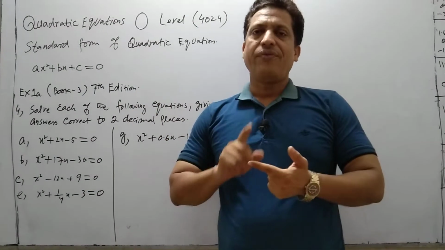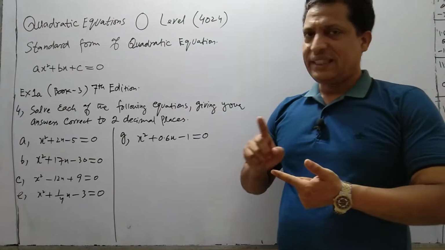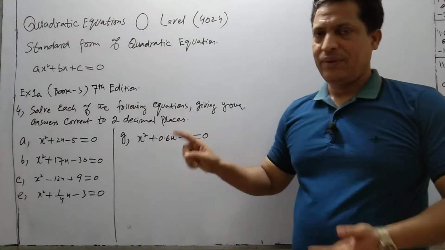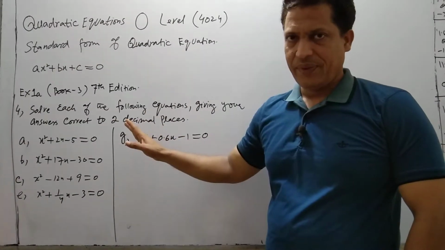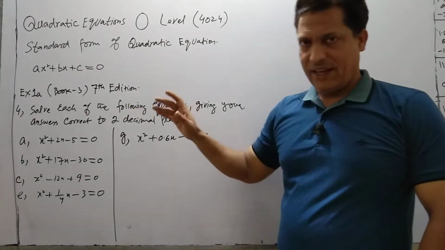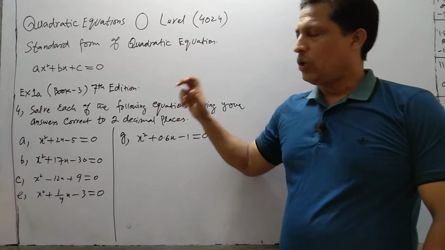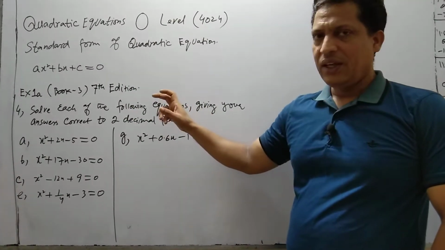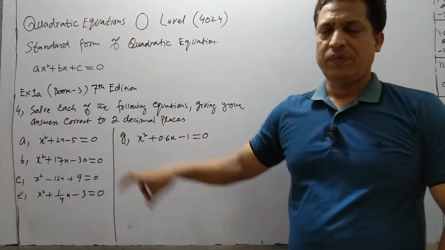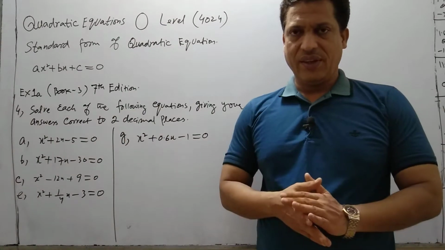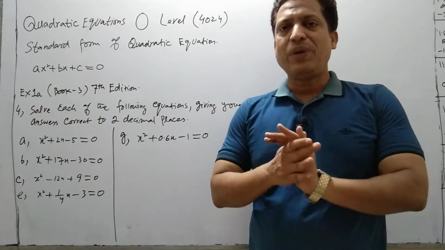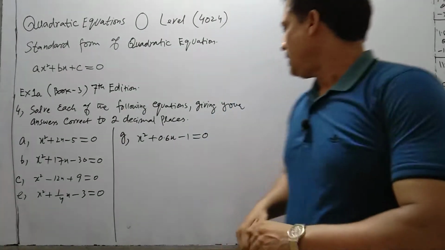Today, we have to take help of the concept from question number 3 and apply it in question number 4, to solve a quadratic equation with the help of the completing square method.